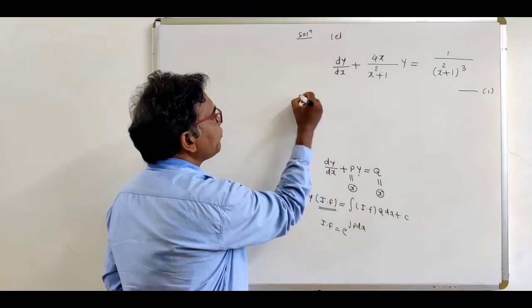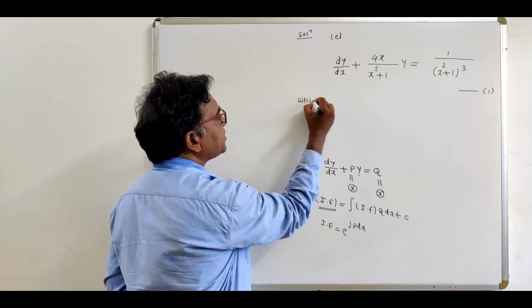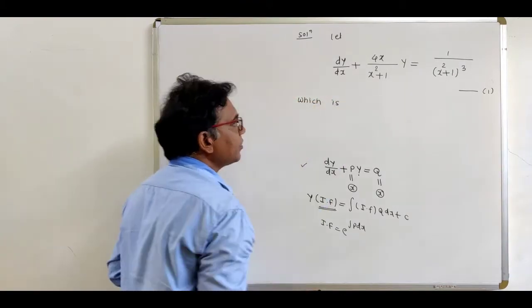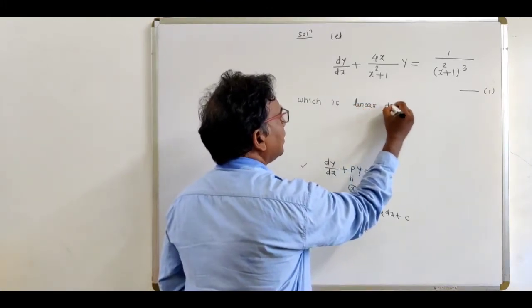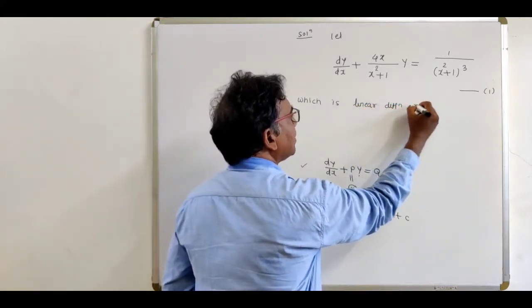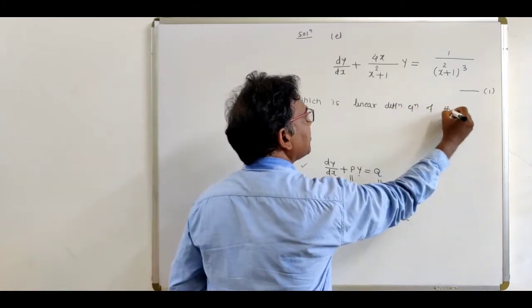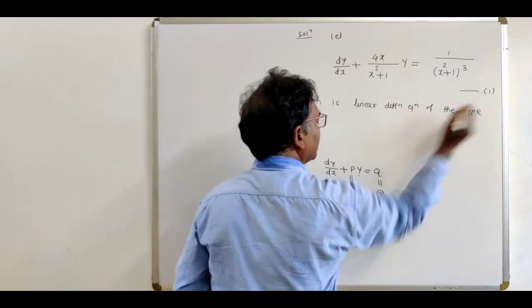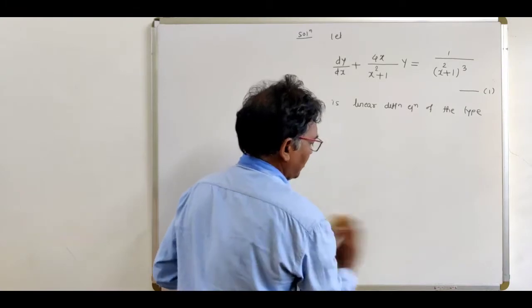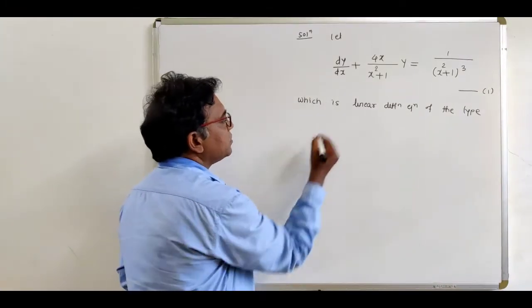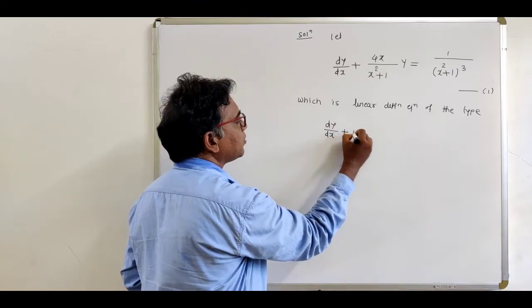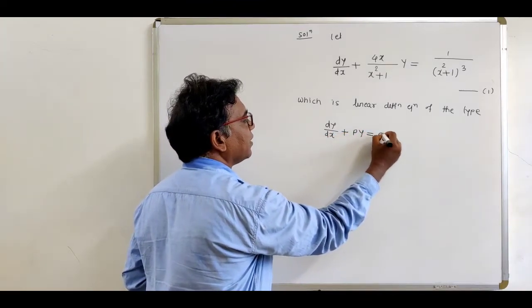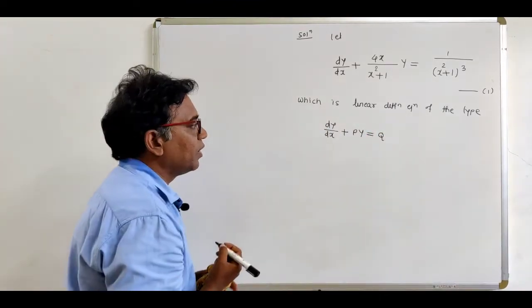So write down the identification: it is a linear differential equation of the type dy by dx plus p into y equal to q.